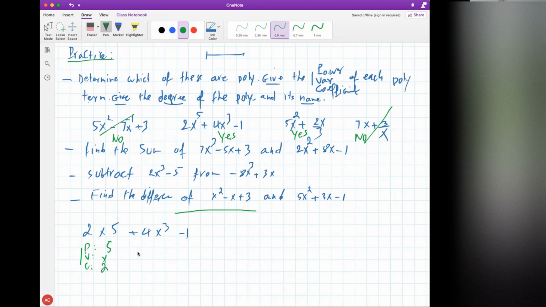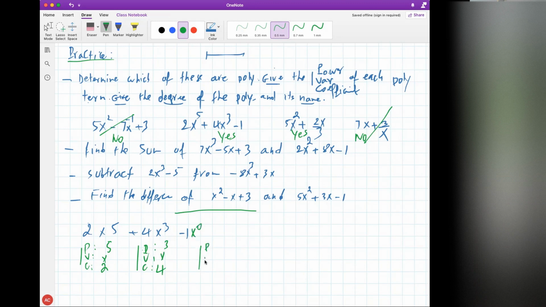That's right. How about this one? Power is 3. Variable x and the coefficient is 4. That's right. For this one, we have -1. Think of it like this.